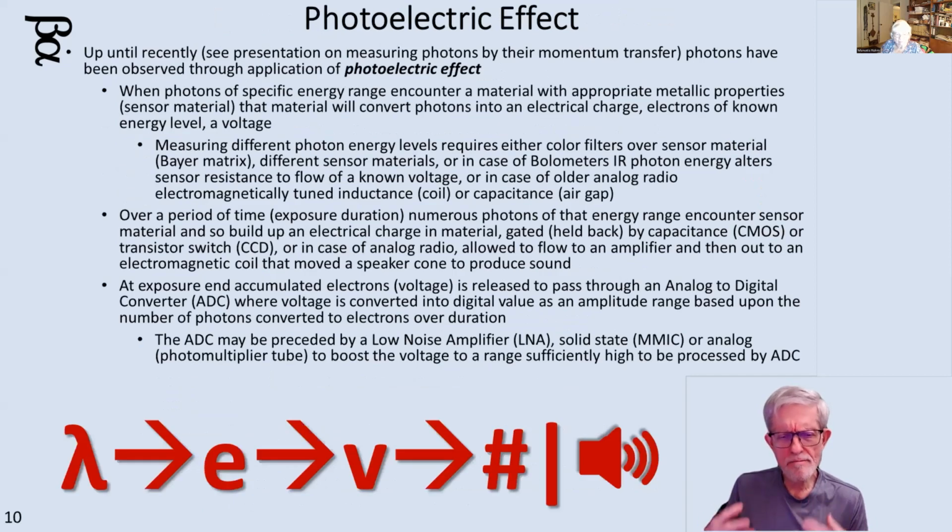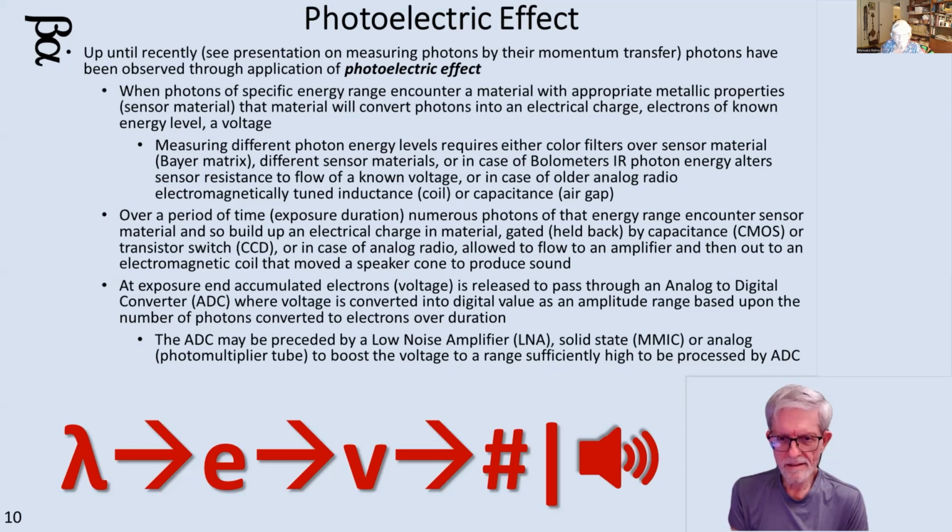So how do we actually measure it? How do we measure photons? It's something called the photoelectric effect. It's that guy Einstein again. When a photon encounters a sensor material that has appropriate metallic properties, the photons will be converted into an electrical charge.